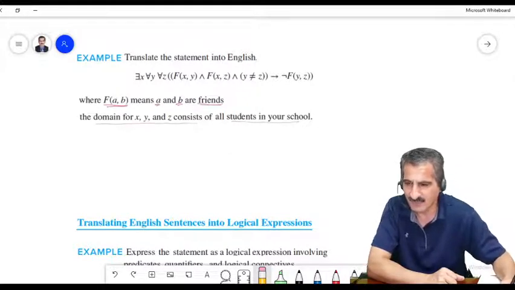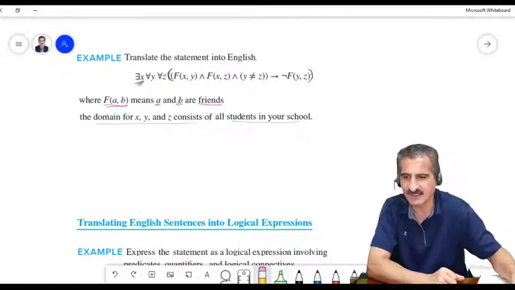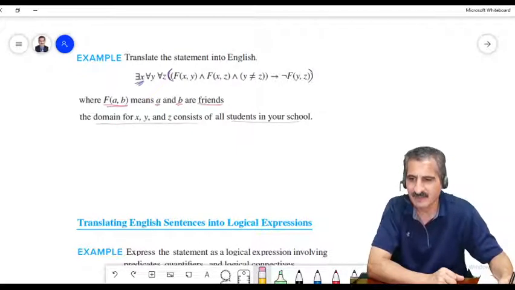Now, there exists X, and this is the parentheses of the quantifier there exists X, such that for every Y and every Z, what's the matter of every Y and every Z? Y is a friend of X and Z is a friend of X, and Y and Z are not the same person.